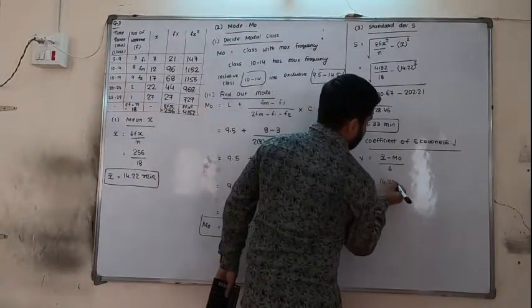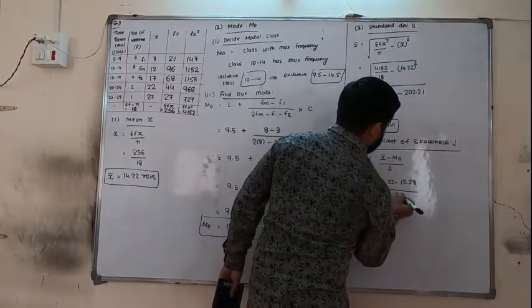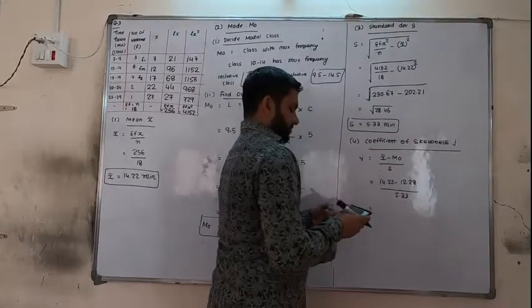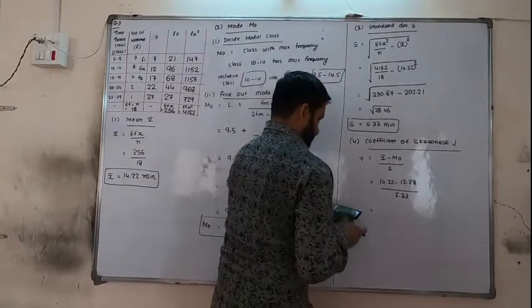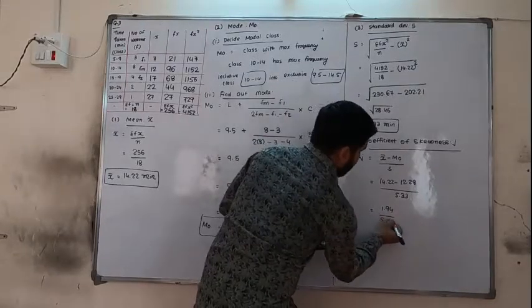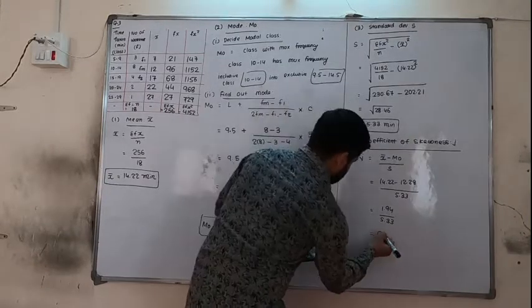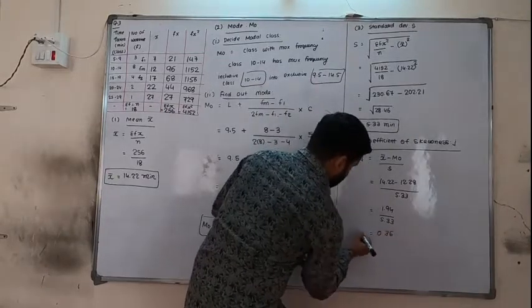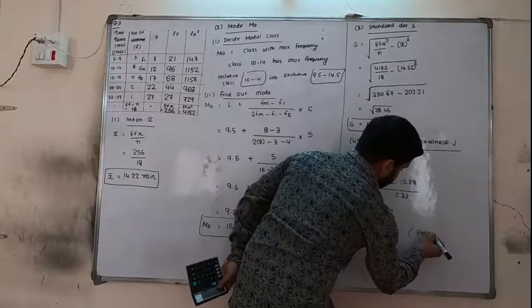So 14.22 minus 12.28 upon 5.33. So 14.22 minus 12.28 is 1.94 divided by 5.33 is 0.363, so 0.36, and positive skewness.